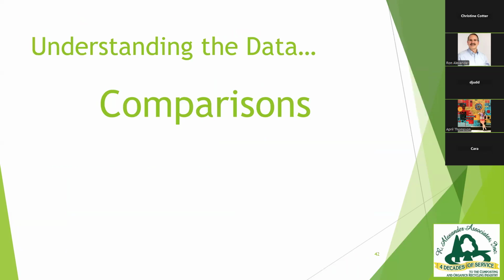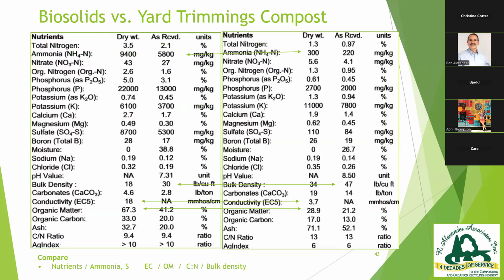So finishing up here, I want to show you a few more comparisons, as if you were looking at two different products that were submitted to you, okay? So here is a biosolids-based product to the left. I will say that it's not the best quality product, okay? And it's being compared to a yard trimmings compost on the right. What I'm showing you here with these arrows is the ammonia content, okay?